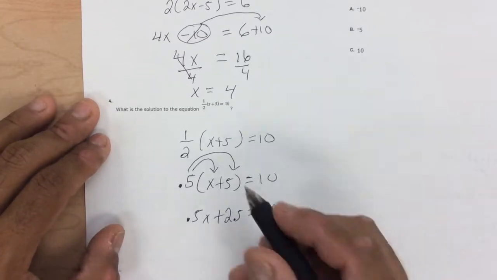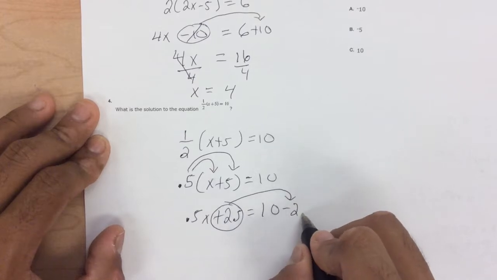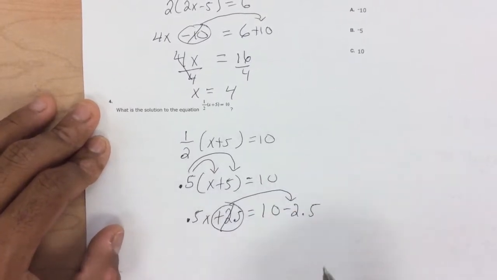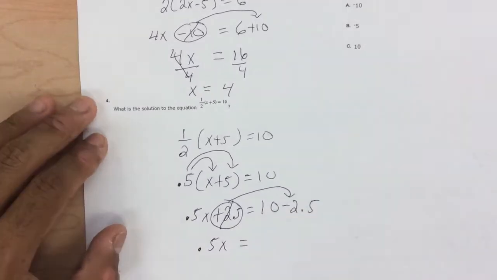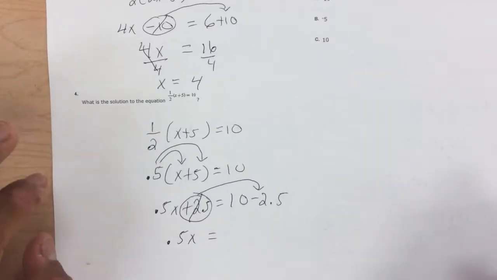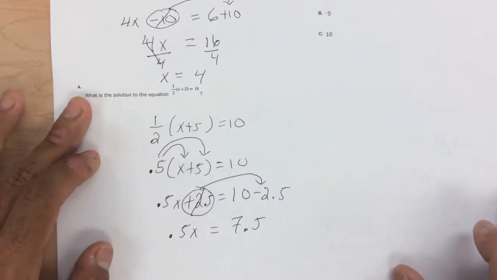Now I can start moving things around, so I'm going to jailbreak the 2.5 over to the other side to become a minus 2.5. So I'm left with 0.5x equals 10 minus 2.5 is 7.5.